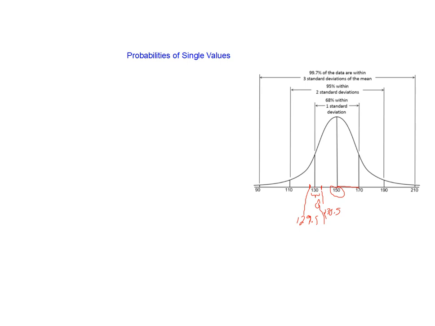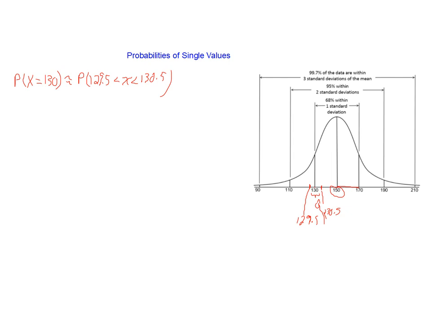So the probability of our random variable x, the mass of the potatoes, equaling 130 grams is approximately the probability that x is between 129.5 grams and 130.5 grams. And then we can use all of the other techniques that we would have used before.